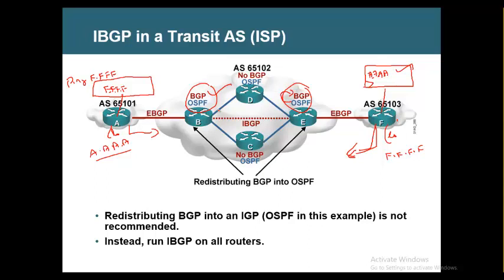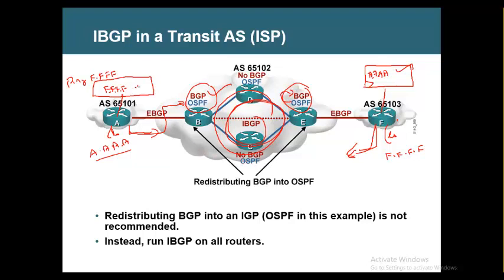Thirdly, why we should not do this redistribution. When I take a BGP route and give it to OSPF, OSPF is not only running for BGP, it is also running for internal networks. So now there is a danger of external networks getting mixed with the internal networks.